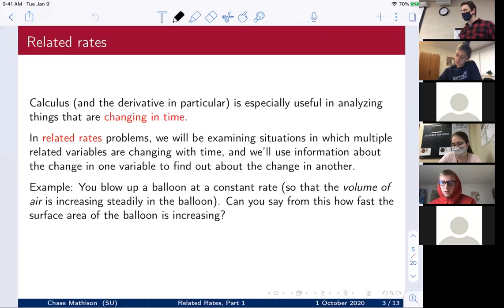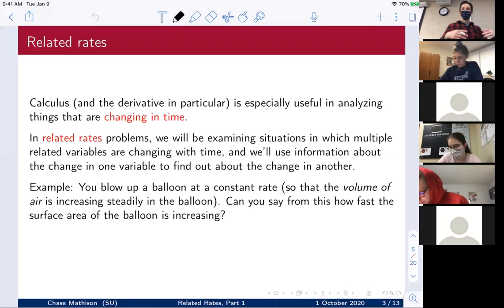As an example, you want to blow up a balloon and fill it at a constant rate. In other words, you're putting in the same amount of air every second, using, say, an air pump that pumps in 1 cubic centimeter of air every second.